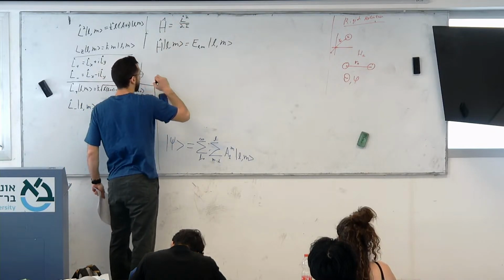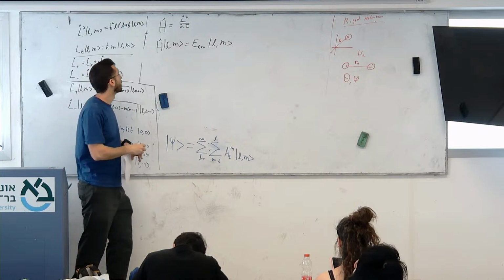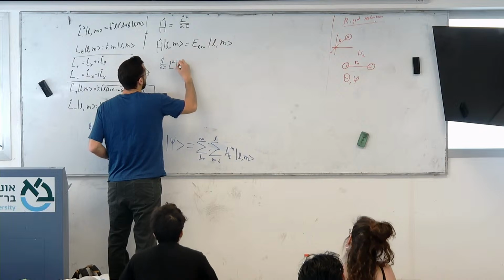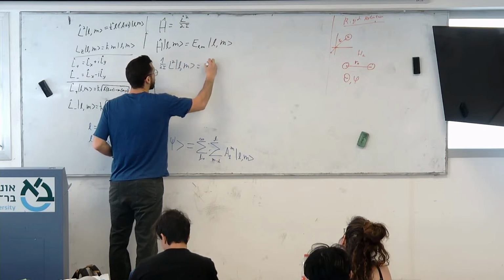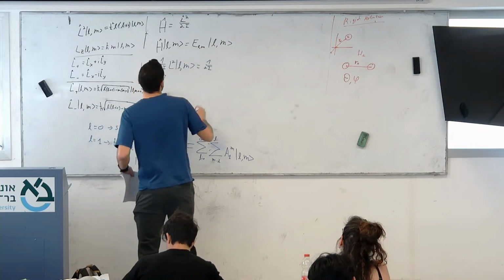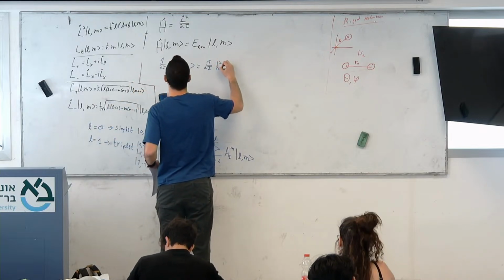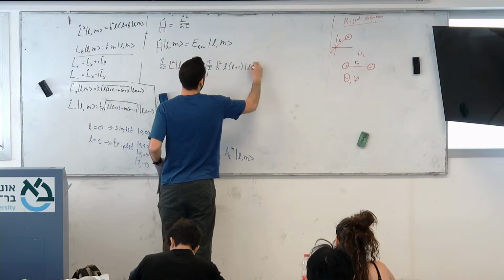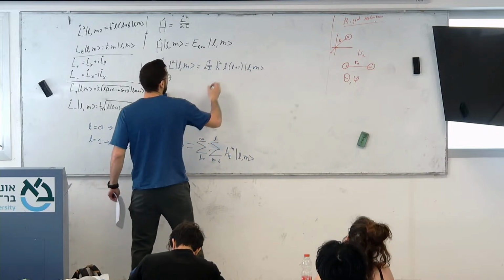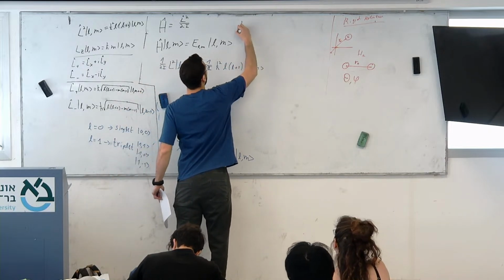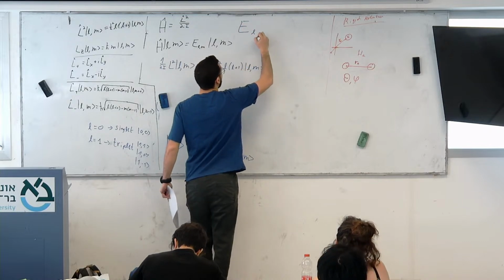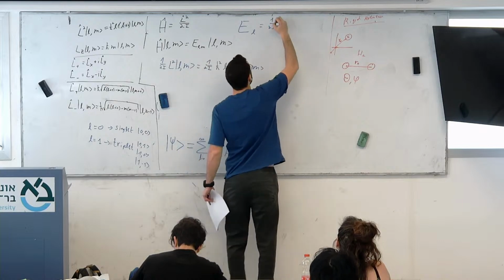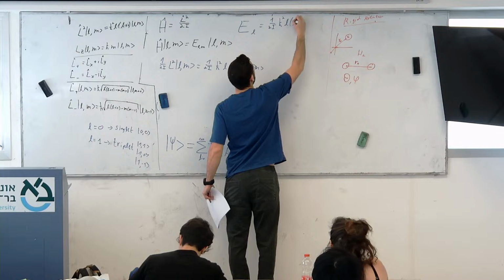For us, if we take the definition of H, I'm gonna have 1 over 2I, L squared on L, M. It's gonna be equal to 1 over 2I, H bar squared L plus 1, L, M. Therefore, our energy, which is dependent only on L, will be equal to 1 over 2I H bar squared L plus 1.